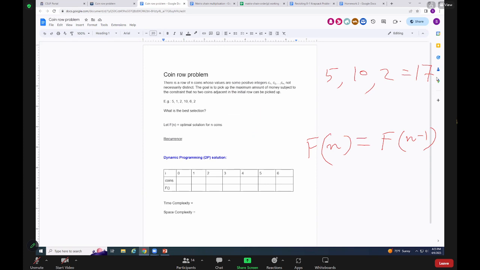So the idea here is that our previous optimal solution for the n minus 1 coins was f of n minus 1, but that included the second last coin over there. For the adjacency rule, we cannot pick 2 then because we already picked 6. For the 5 numbers, 6 was a part of it, so we could not pick 2.